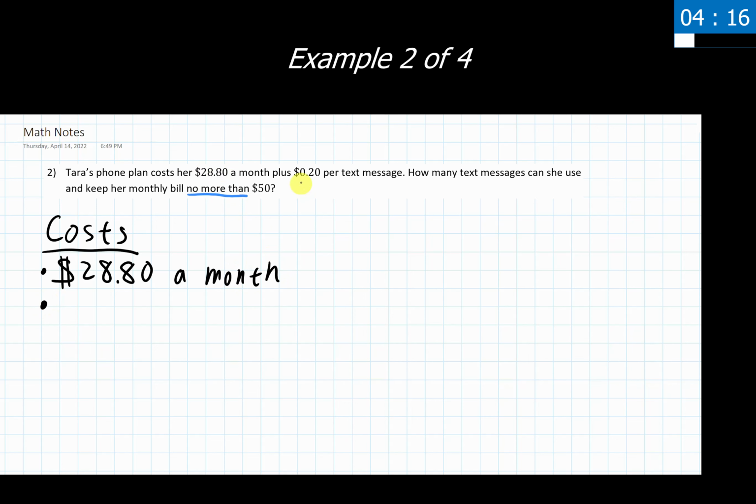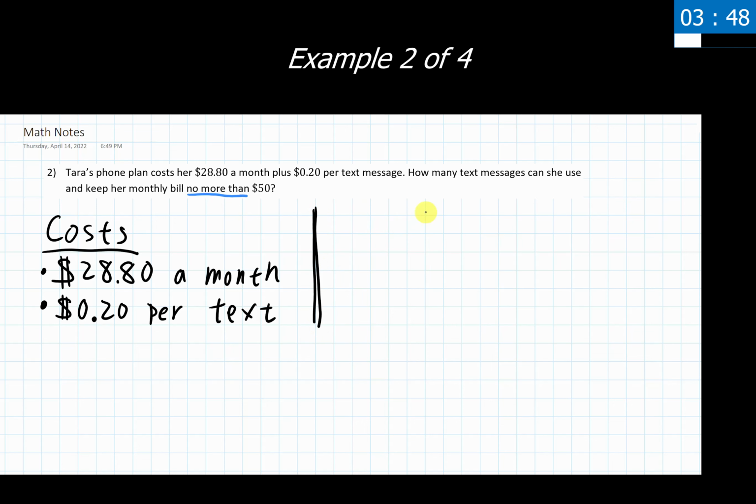And then she's being charged 20 cents per text. So we can write that in too. Cents per text. It doesn't need to be the whole thing written out, but a quick bullet point goes a long way with this. So cool, we know she has a monthly charge and she has a per text charge. And we want her monthly bill to be no more than that. On the other side, let's make one with what else is going on.